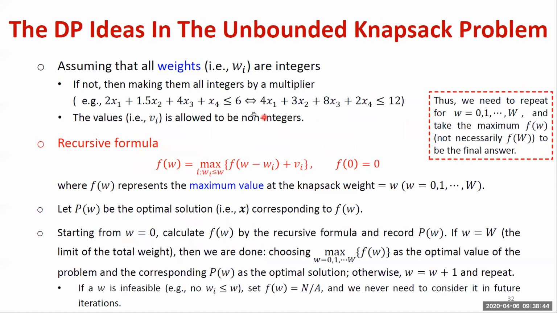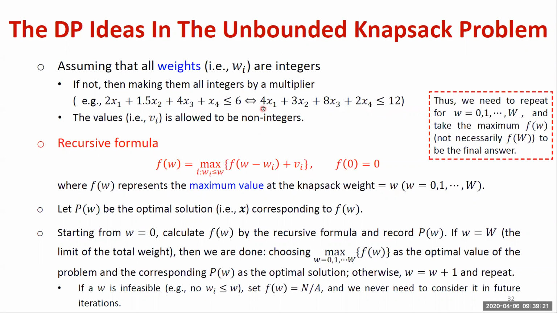No? Okay. For this problem, first of all, I need to make all weights integers. Suppose there's a weight, for example here, that is not an integer. We're going to make them all integers by a multiplier. For example, in this case, we can multiply 2 on both sides of the inequality, so that it becomes 4x1 plus 3x2 plus 8x3 plus 2x4 less than or equal to 12, right?